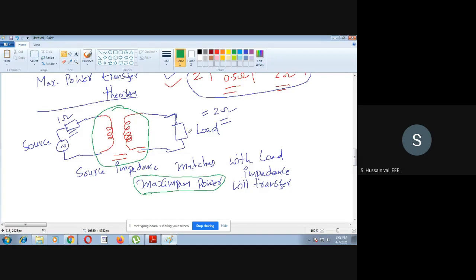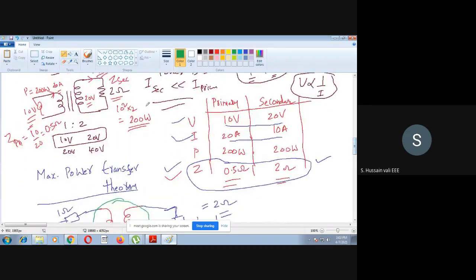How do we say this? It matches the source and load, because just now we have seen a simple example where the secondary resistance is 2 ohm and the primary becomes 0.5 ohm. It means it has the capability to change the resistance from the primary side to the secondary side. When you have a value on the primary side, it can be looked at as another value on the secondary side using this transformer.